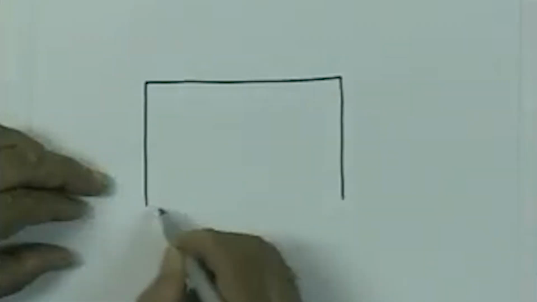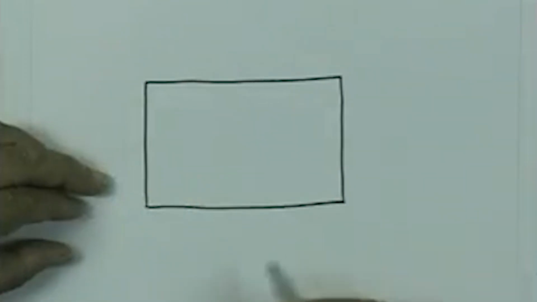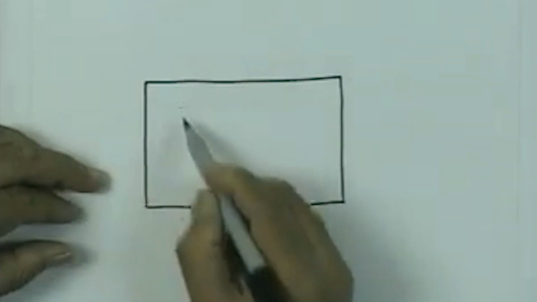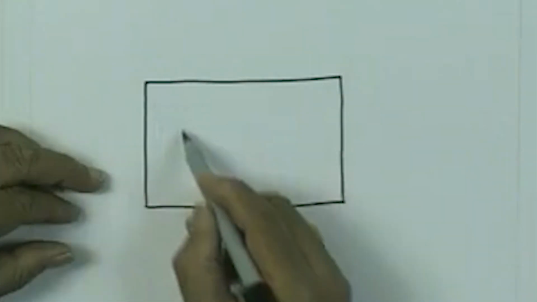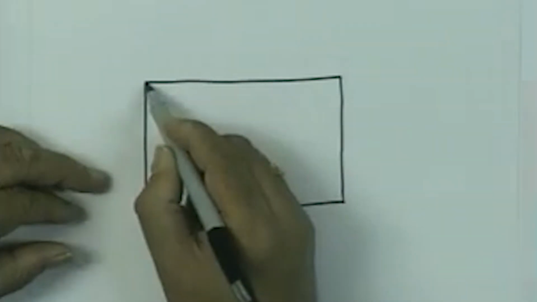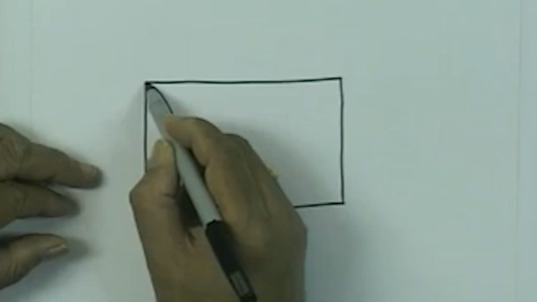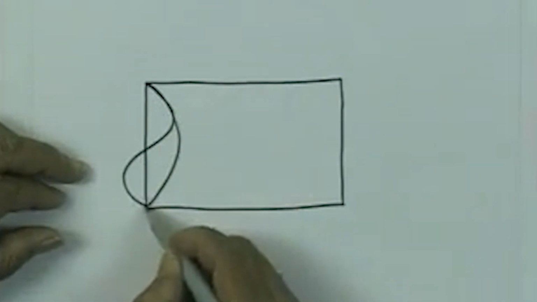If I look at the cross section of the waveguide, the Ez is 0 here, 0 here, 0 here. So, it had a half cycle variation like that, or it could have a variation which will be like that.